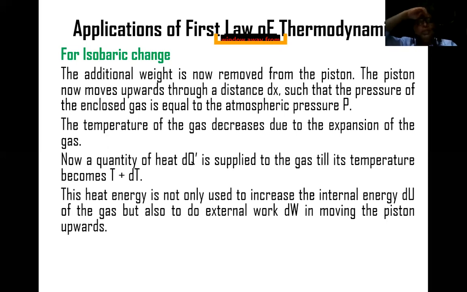Now a quantity of heat dq is supplied to the gas till its temperature becomes T plus dT. This heat energy is not only used to increase the internal energy of the gas, but also to do external work in moving the piston upward.